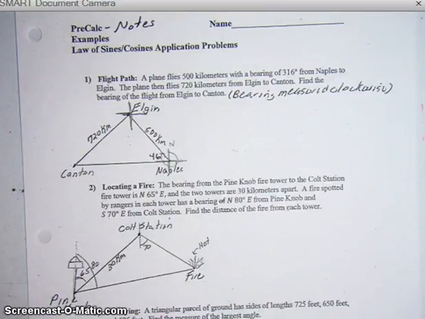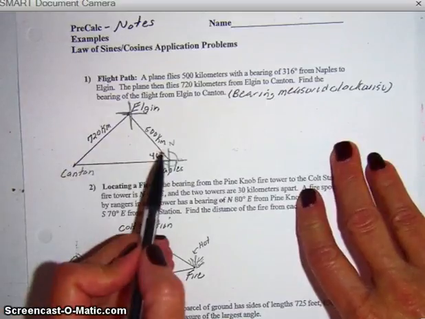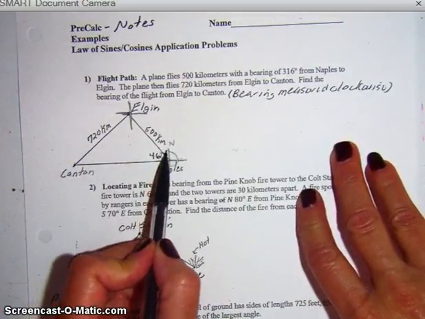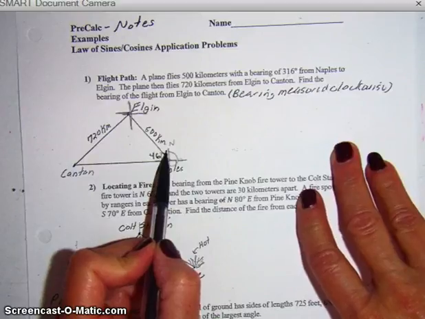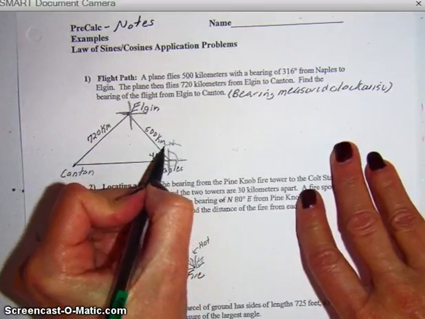Okie dokie. Now, at this moment, can you guys find for me this angle right there? Somebody have the math we would do? Anybody have the math, Kayla? Very good. So now we're going to find this angle right here.